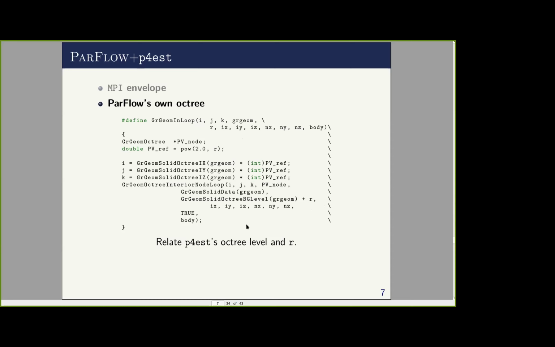So what we did is dive into how this octree inside Parflow is defined, find out the relationship with the octree we are creating with pForest, relate these two levels, and put the right number here in such a way that these loops run over the correct points when we activate the local grid refinement.